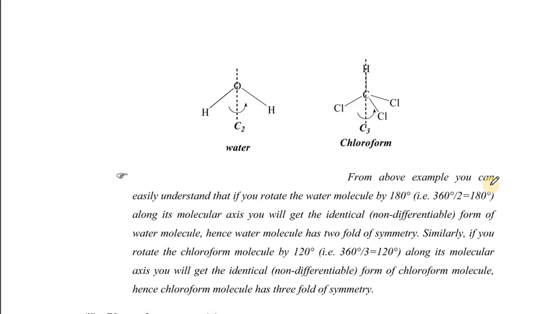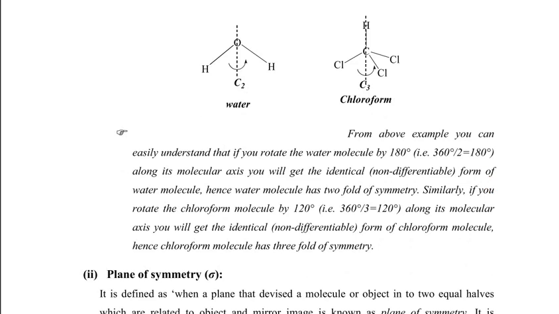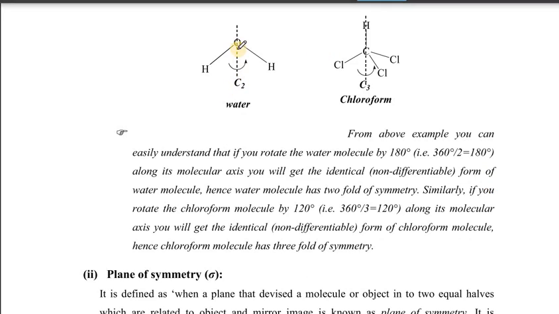We can see this is a water molecule, oxygen, then hydrogens. When it is rotated about this axis, this position will appear twice. Similarly, this is the central axis. When it is rotated, this position of atoms will be repeated thrice. So it has a threefold axis of symmetry.